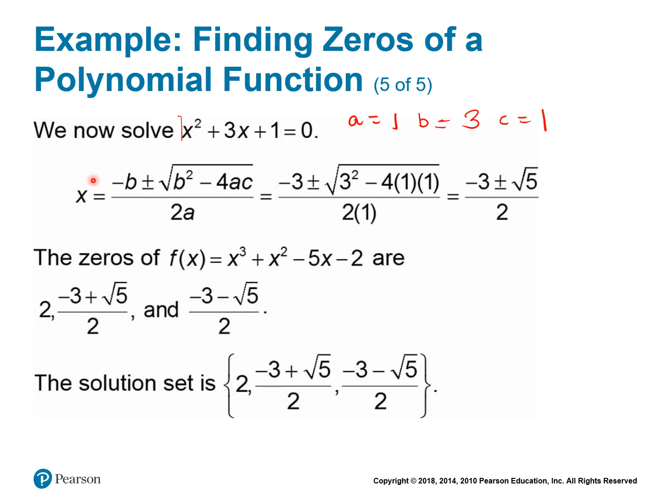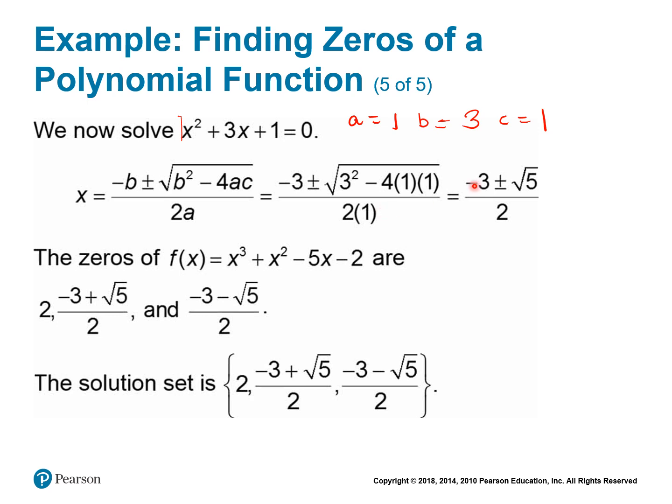So minus is in the formula, so we put the minus, and then b has a value of 3, so write the 3, plus minus, then the square root sign, b squared, so 3 squared, minus 4, a has value 1, and c has value 1. That's 4 times 1 times 1, divided by 2 times a, which has value 1, so 2 times 1.